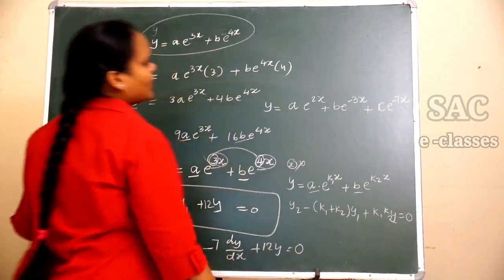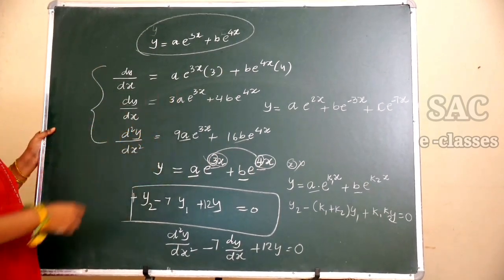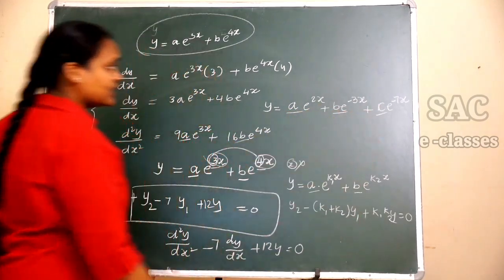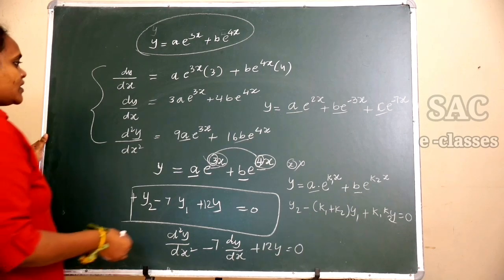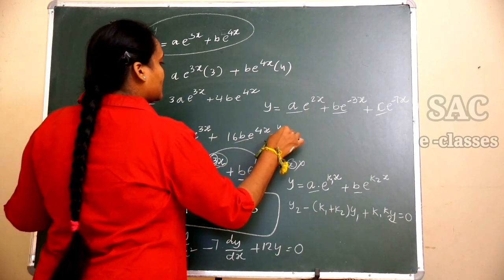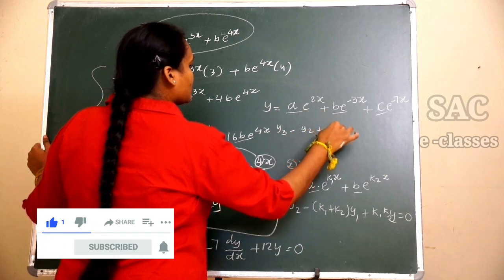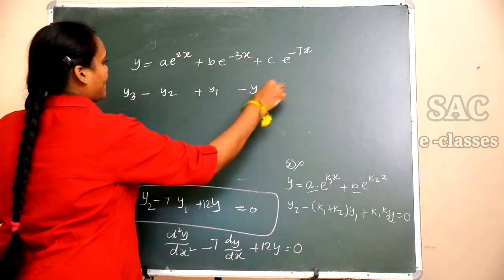Let us think, how can we apply the same trick for that? Observe how many arbitrary constants are present. There are 3 arbitrary constants. So according to our rule, what will we do? We will write y3 minus y2 plus y1 minus y equal to 0.